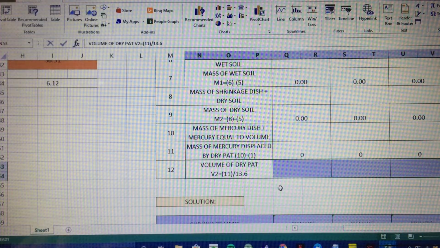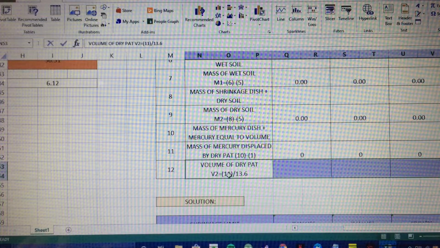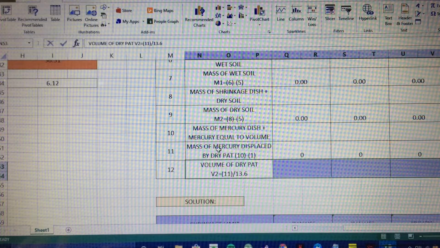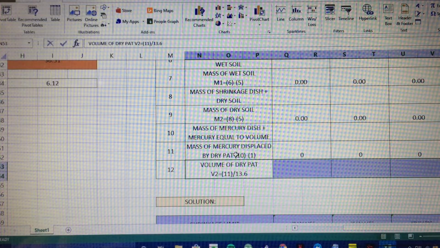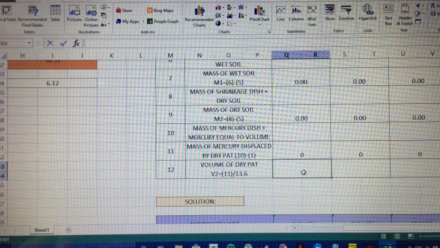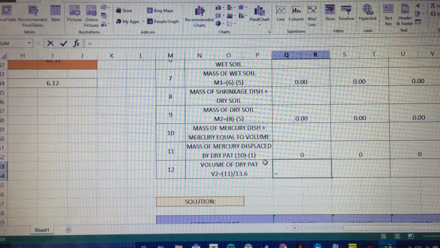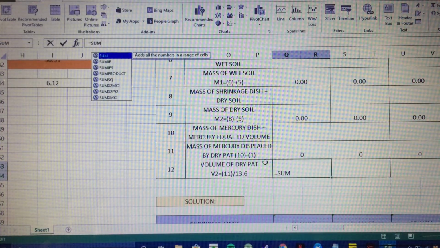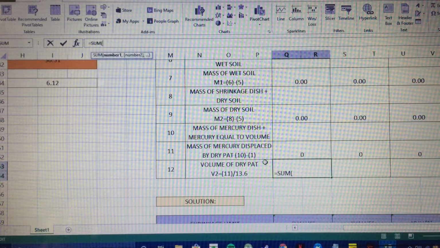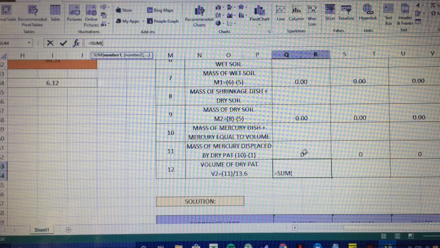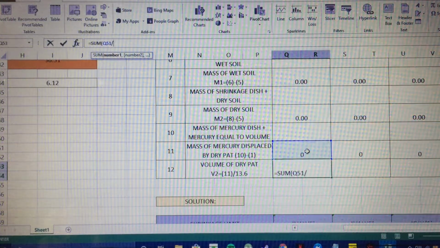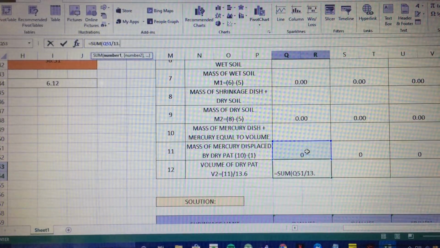So, basically, itong V2, nakadepende din siya sa value nitong mass of mercury displaced by dry pat. So, yun na nga. May formula din siya na nakalagay. Oops, nalimutan ko again. So, lagyan natin ng formula, which is itong 11. So, dito, divide by 13.6.